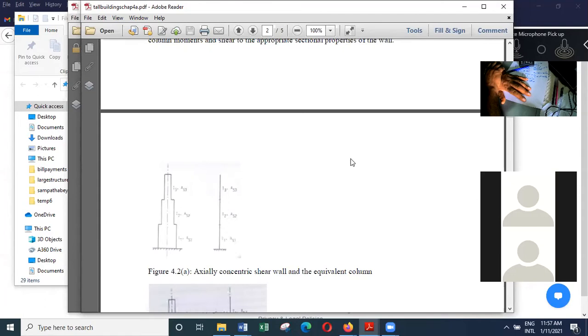you can replace all the shear walls by using columns, where the column I value will be the wall's I value. What you do is you define a column and then you can modify the I value. You can assign a high I value to the column to represent the wall.